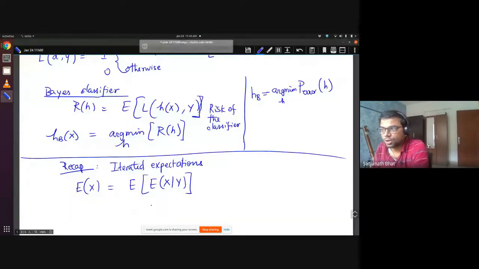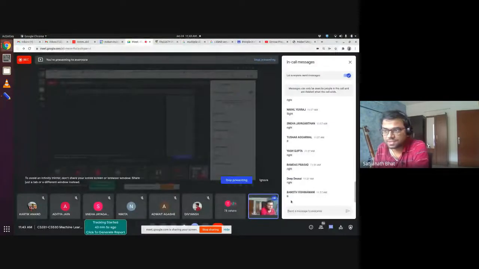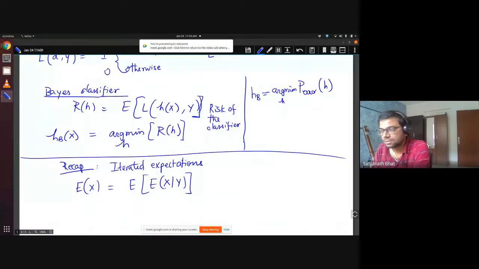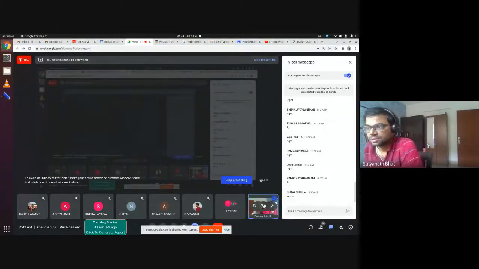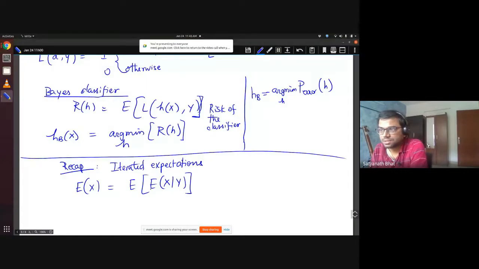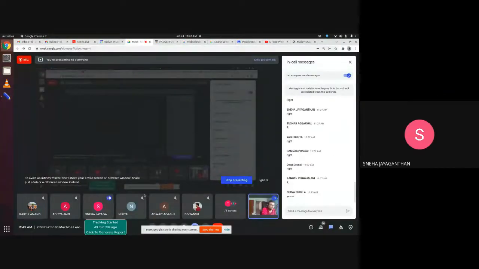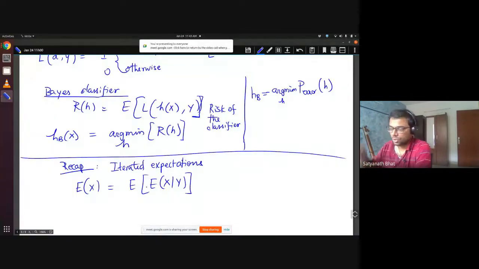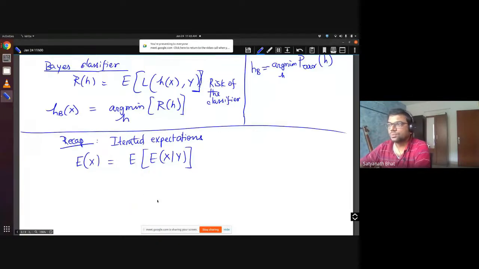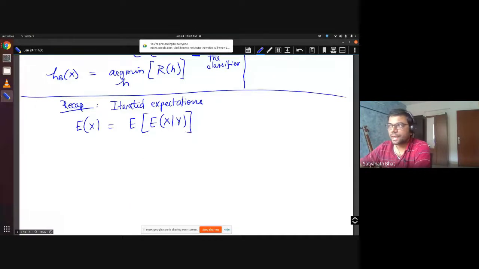I know math and CS students have seen it, but how about electrical students? Have you seen this formula? Sneha, do you remember? Yes, sir. Okay, all right, so all of you have seen this. Let me just give a brief recap of this.